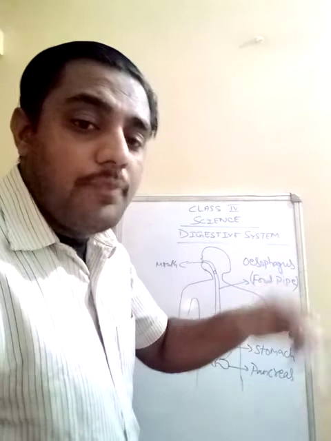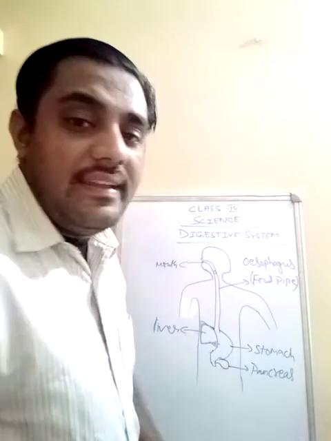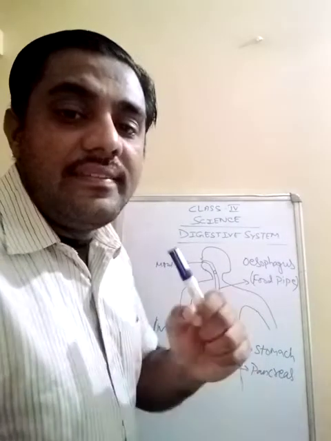Now, in order to help with further digestion, the pancreas secretes pancreatic juice and the liver secretes bile.